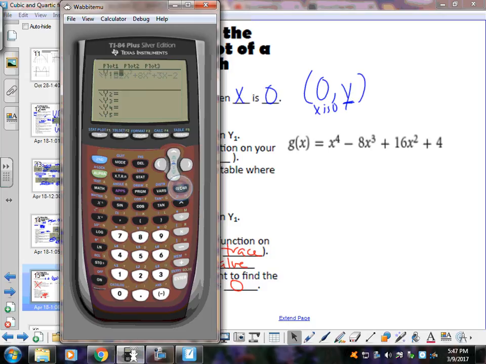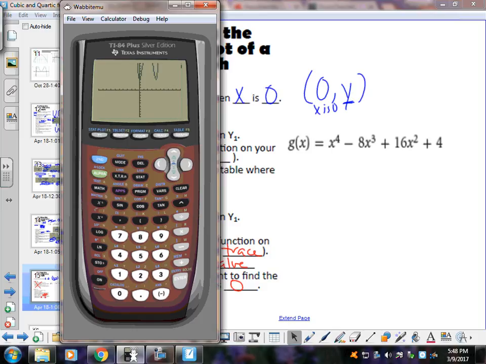Y equals x to the 4th minus 8x cubed plus 16x squared, and then plus 4. All right, graph.